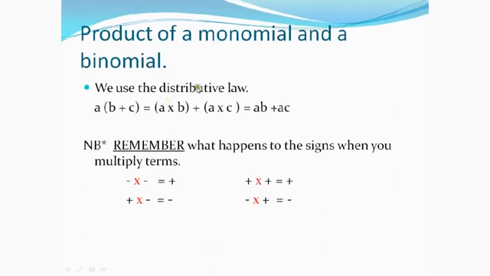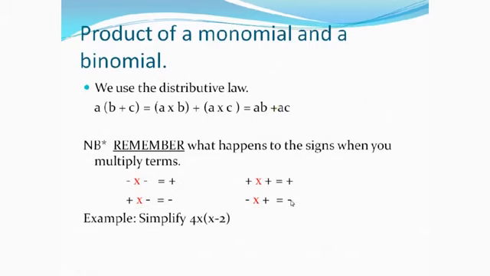So the distributive law says the monomial, which is outside the bracket, multiplies the terms inside the bracket in turn, like I've shown here. The A multiplies the B, the plus sign is there, the same A multiplies the C. A times B gives us AB, plus A times C gives us AC.